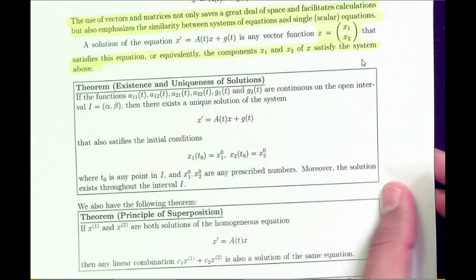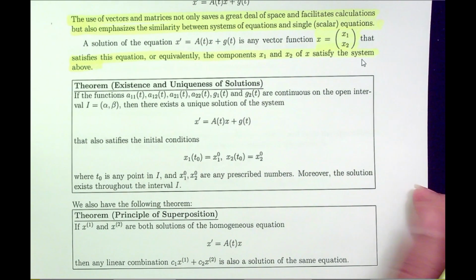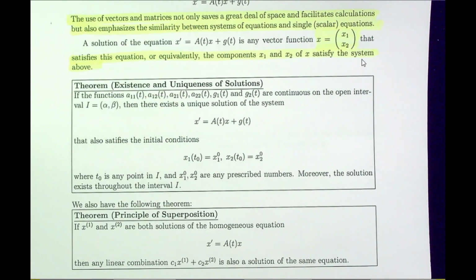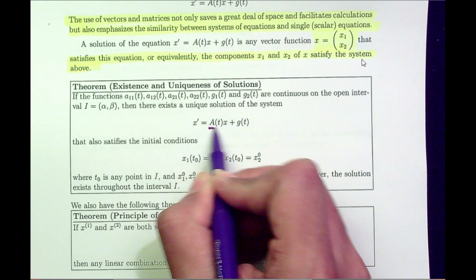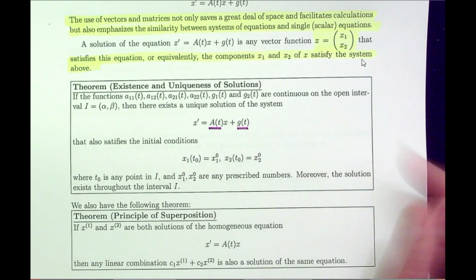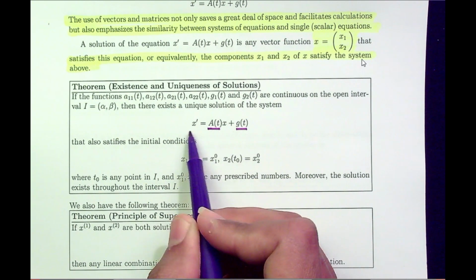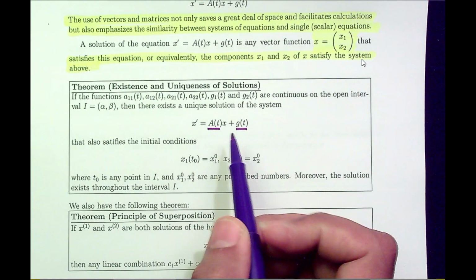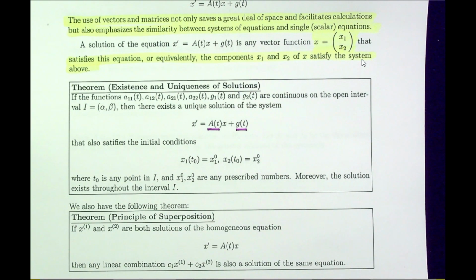So the non-homogeneous term. So all of them have to be continuous. So in matrix notation, that would mean that this is continuous and that is continuous. Basically, again, everything involved except for the x that you're looking for. Everything else needs to be continuous.